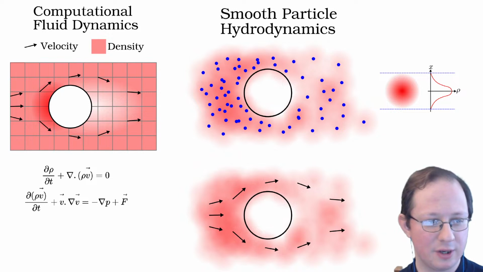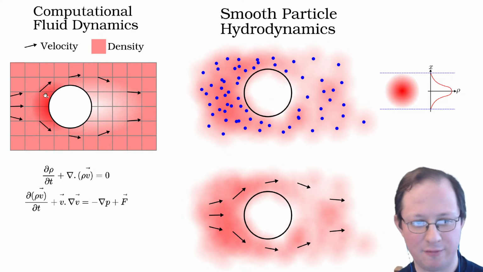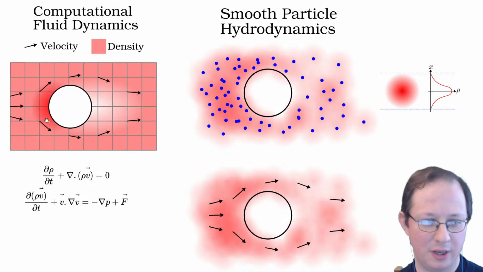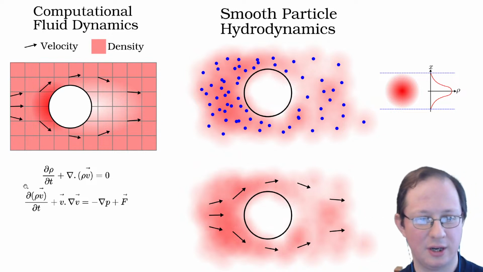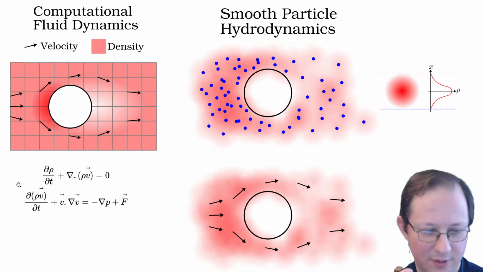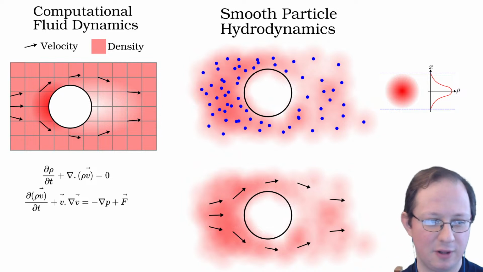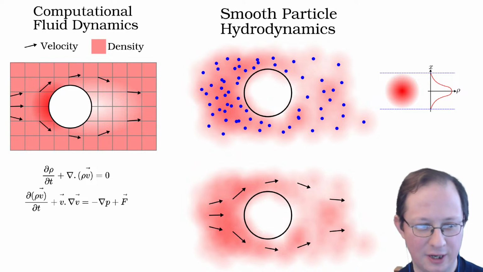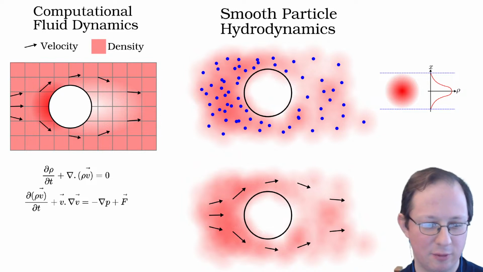You could go the grid CFD approach, where you would break up your fluid. Here, this is our flow past a cylinder case again. If you've got fluid flowing, you would have a compression on the side of the cylinder that hits the flow, and you would have rarefaction, so lower density, behind it, of course.